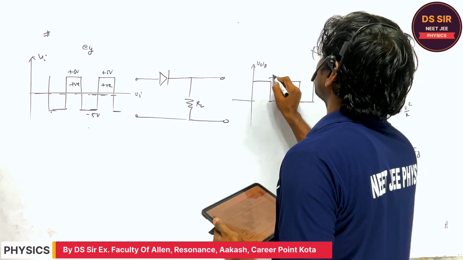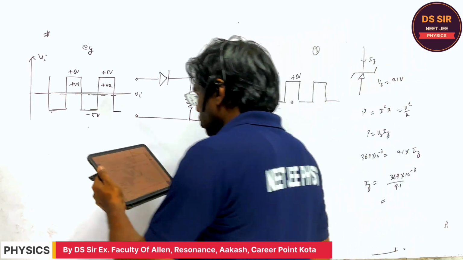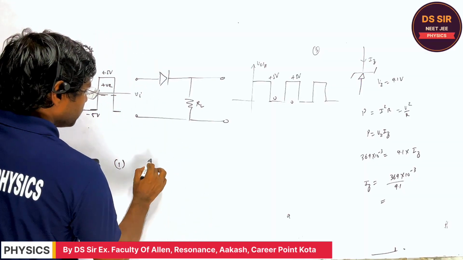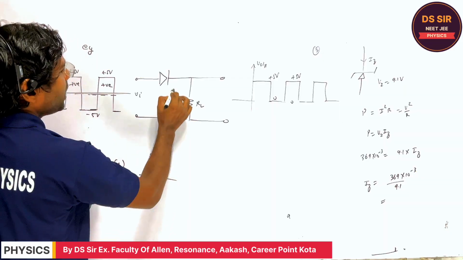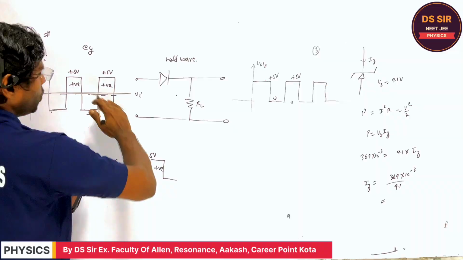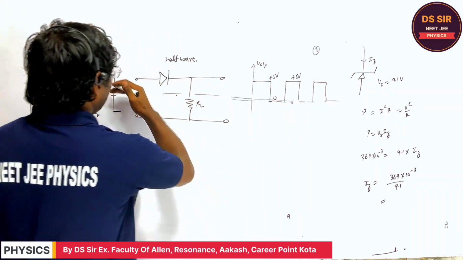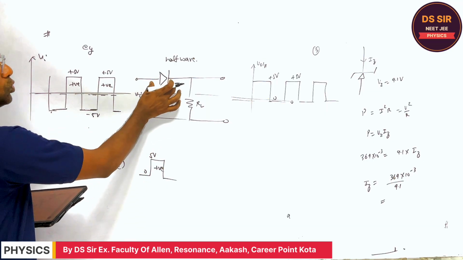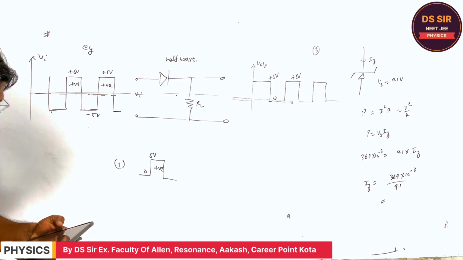The positive half cycle, plus 5, 0, plus 5, 0. So what output will you write? Which is the correct output? Say 1. 0, plus 5, right? This is the half wave rectifier, so only the positive half cycle you will get as output, and the negative cycle is clipped off due to the diode property, or the diode reverse bias condition, right?